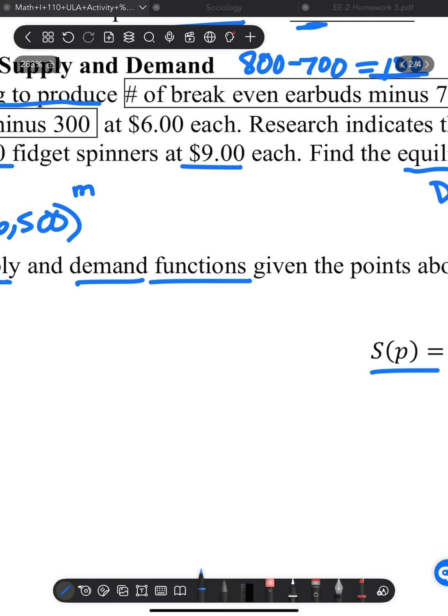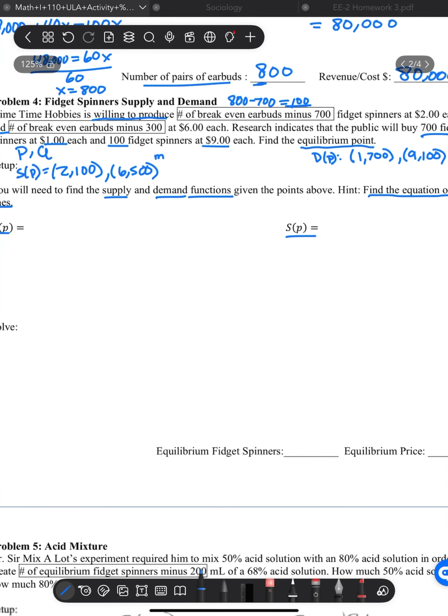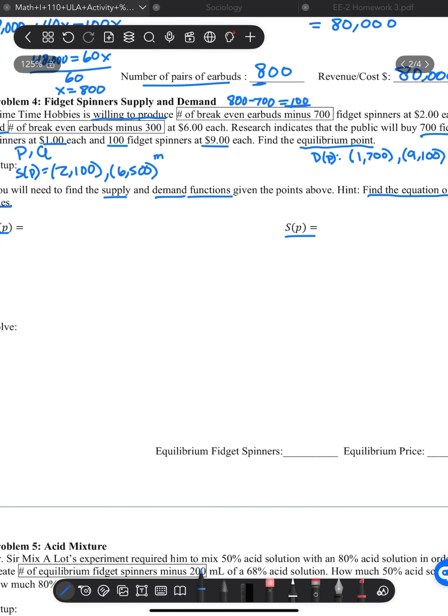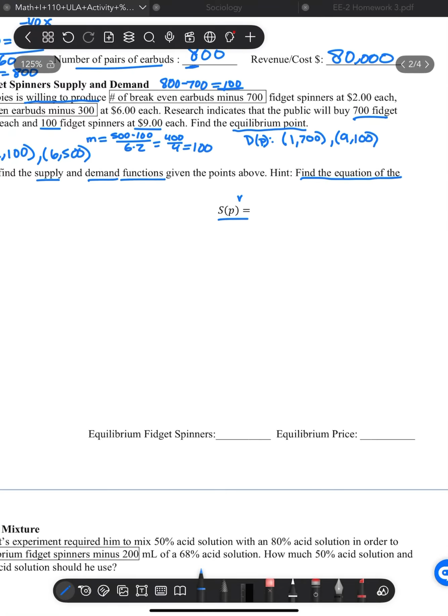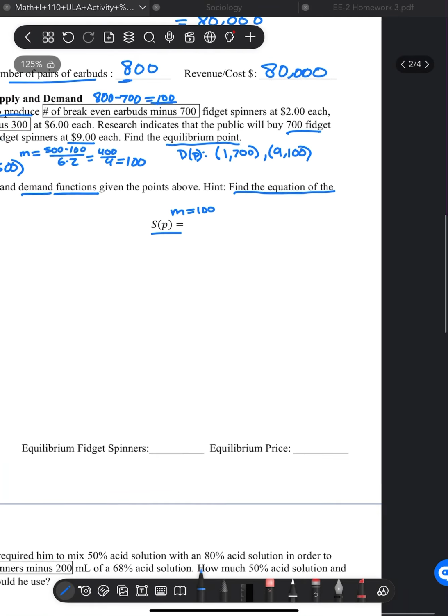So let's find our slopes here. For our supply, let's find our slope: 500 minus 100 over 6 minus 2, which equals 400 over 4, or 100. So we have a slope of 100 for our supply.